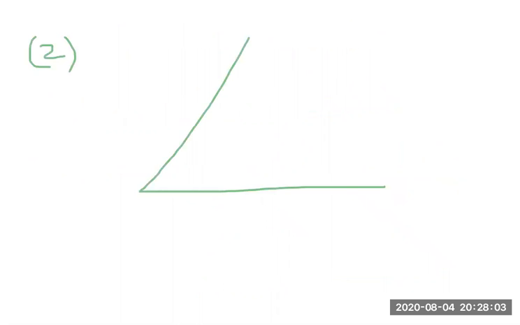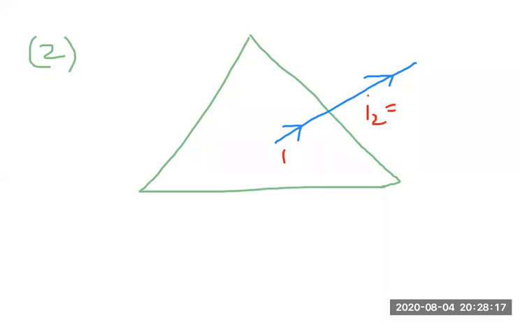Next, the second situation is normal emergence. Normal emergence means the ray is going straight outside like this. So here I2 value is equal to 0 and R2 value is also equal to 0.